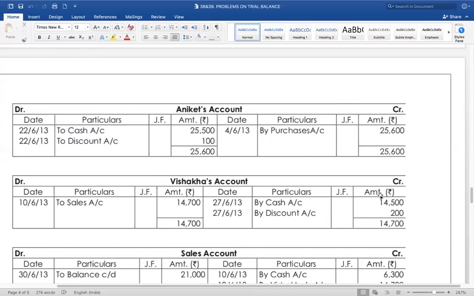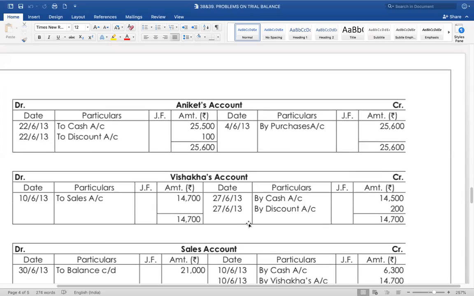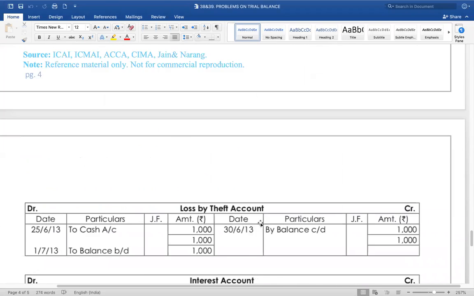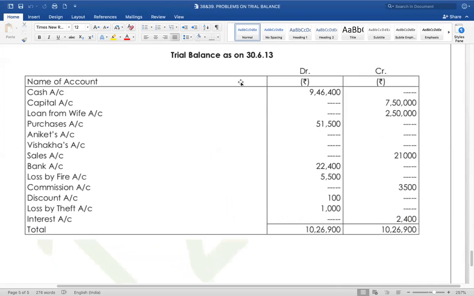And she paid cash of 14,500, by cash 14,500. We allowed her a discount of 200, by discount. So the account shows neither debit balance nor credit balance. The account is tallied, so you don't need to write anything in the trial balance. Nothing is on debit, nothing is on credit.